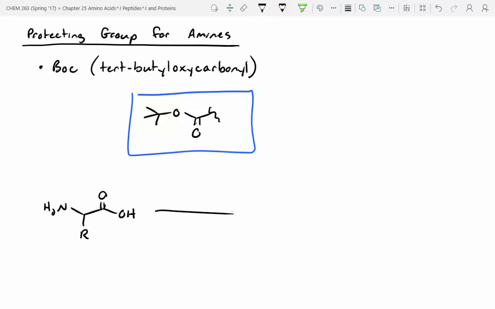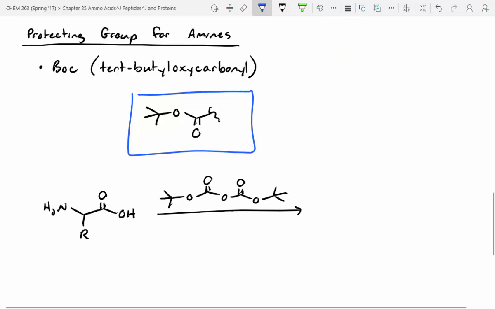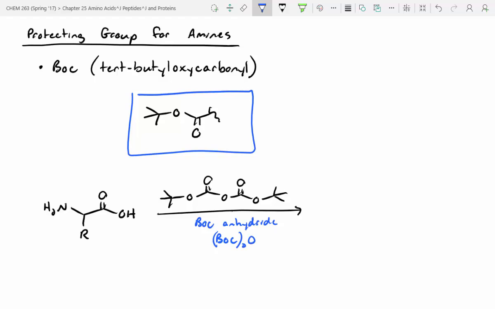But in order to install this, you're going to use something called BOC anhydride. So let's write down the name of that. You may also see this written as BOC2O.